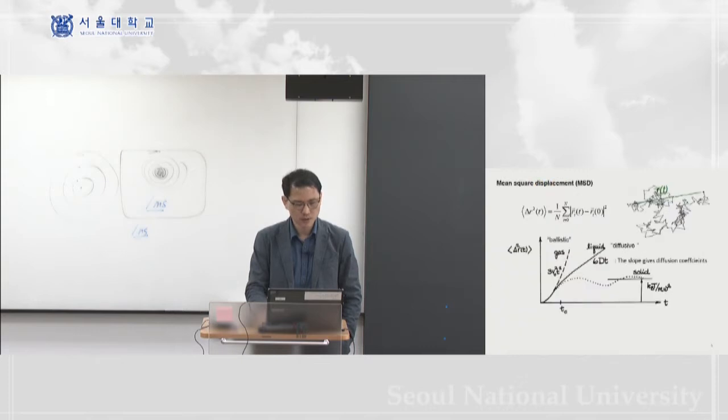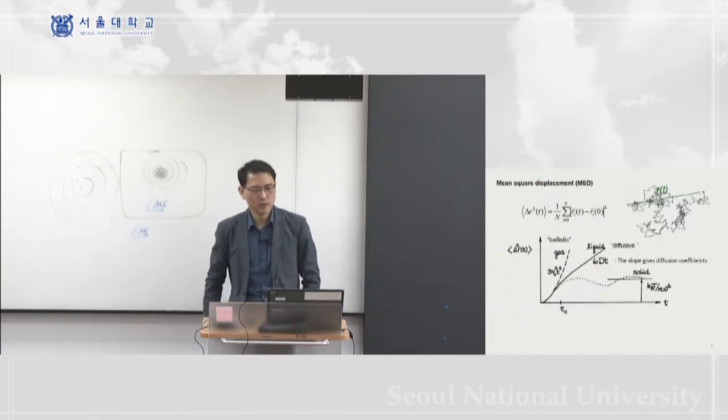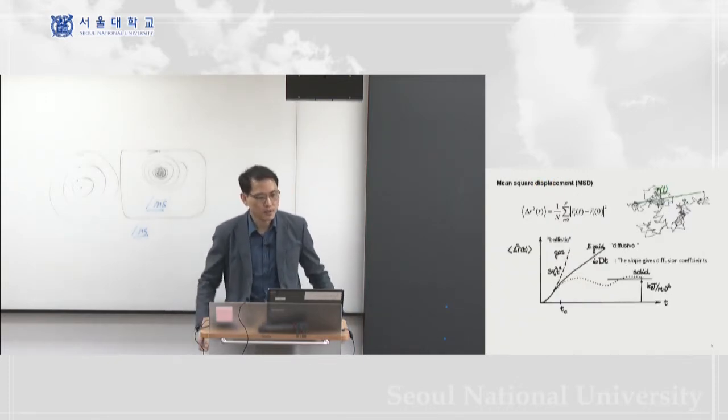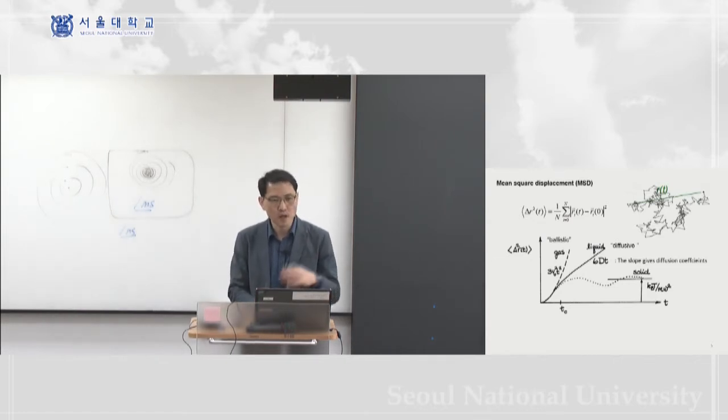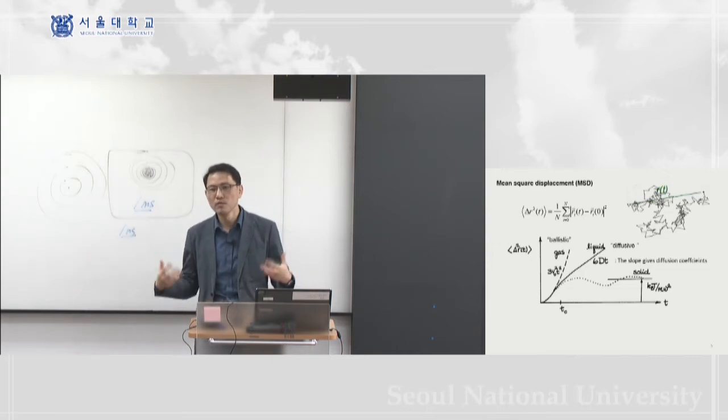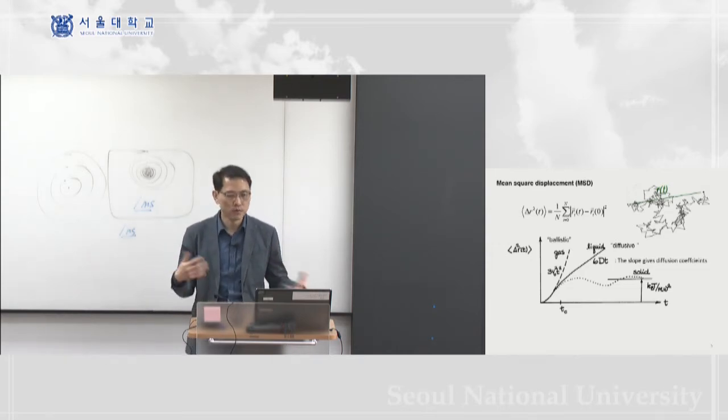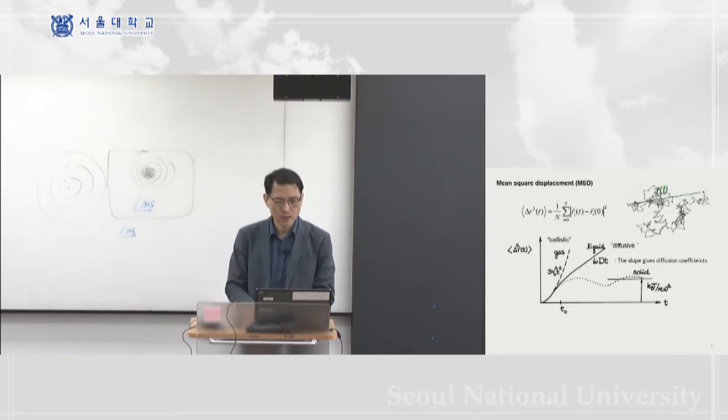The second quantity of the liquid phase is the mean square displacement. As I mentioned before, atoms in the liquid phase can move around rather freely. Suppose that you are tracing one atom here. This is the position at t equals 0.